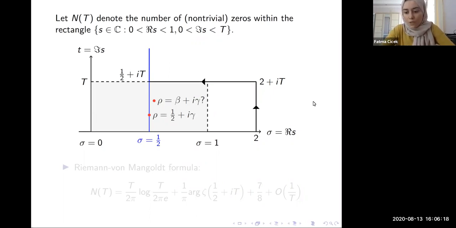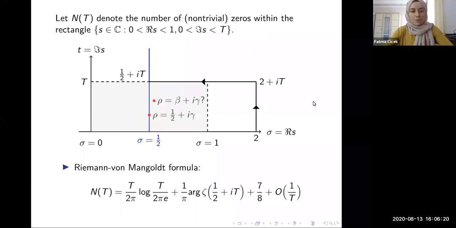So we have a formula for this N(T) function. This is called the Riemann-von Mangoldt formula. When you look at this, the main term is T over 2 pi log T, or something like that. The other terms are of smaller order. Everything else is of smaller order than that. So asymptotically, N(T) behaves like T over 2 pi log T.